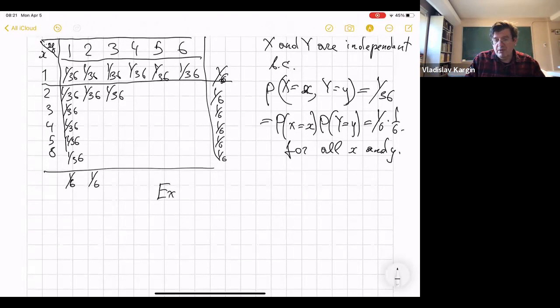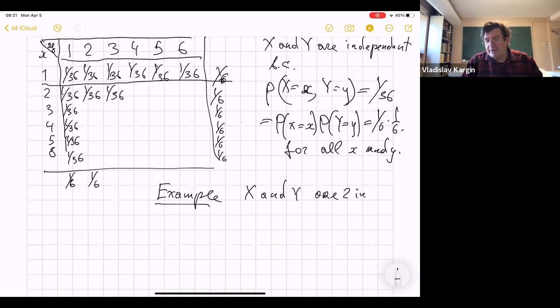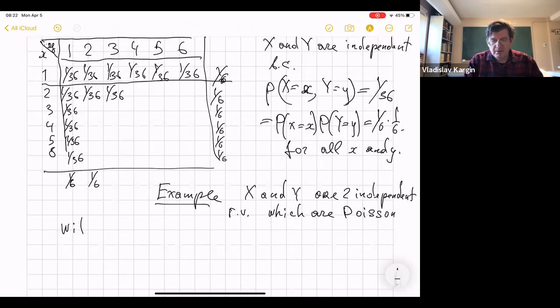So x and y are two independent random variables which are Poisson, say with parameters lambda and mu respectively.